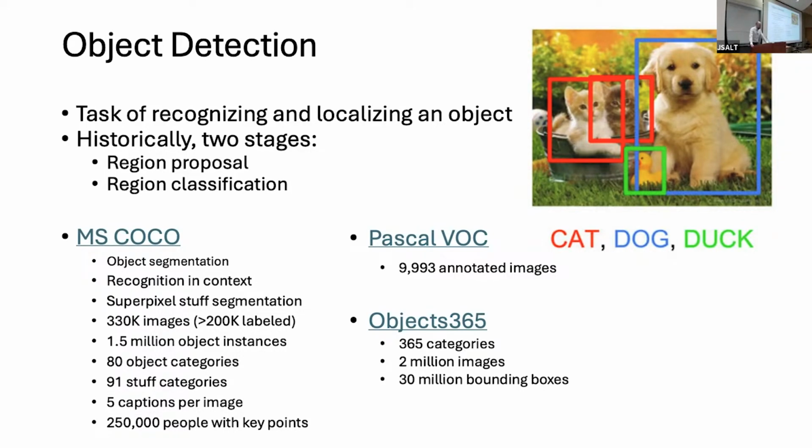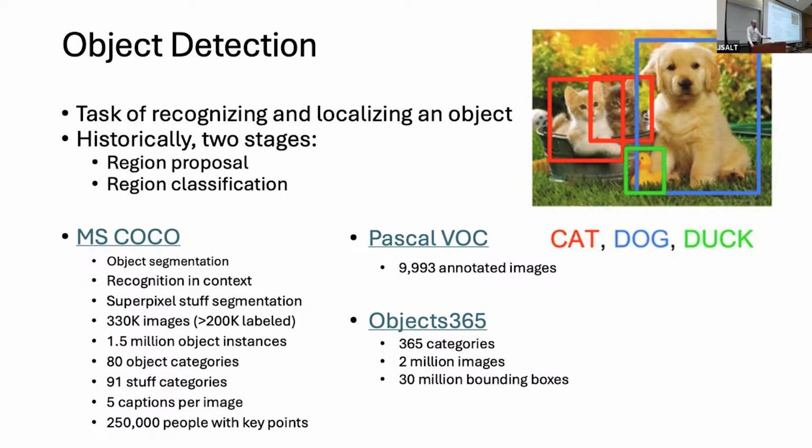And then we have 91 stuff categories. Objects, or things as they are sometimes called, are those for which it is reasonable to have a bounding box. It's an instance of an object, like this cat, dog, duck, car, or motorbike, or whatever. And then you maybe wonder what stuff is. Well, stuff is what cannot have a bounding box. You can have a bounding box around everything, but it does not tell you much.